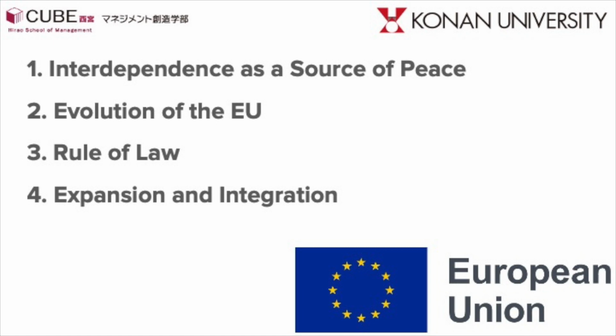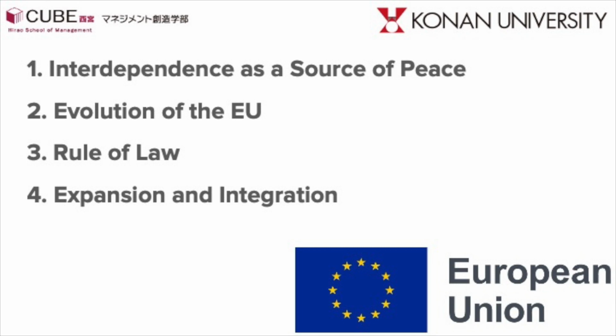The EU's foundation in the economic realm with the European Coal and Steel Community was strategic. By intertwining the economies of traditional adversaries like France and Germany, the rationale was to make war not just unthinkable, but materially unviable.